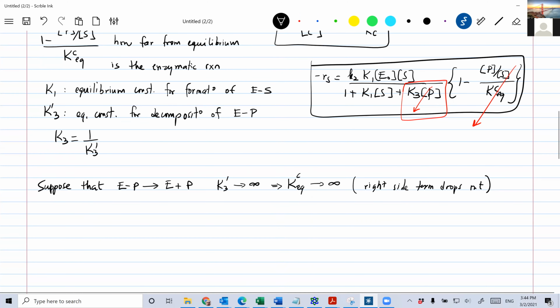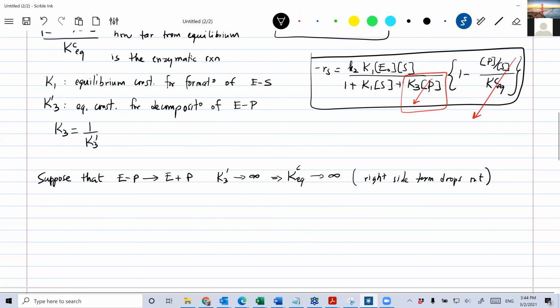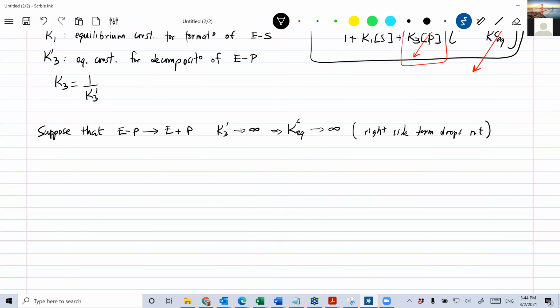So now we're going to get to the exciting part where, because we can remove these terms, we're left with this.